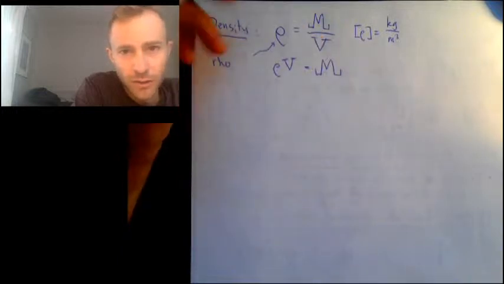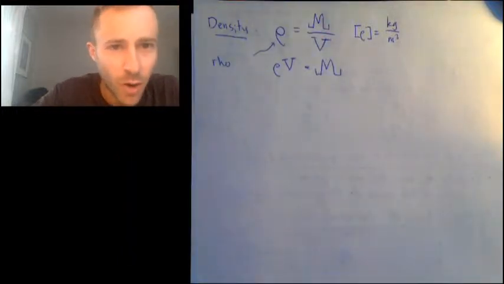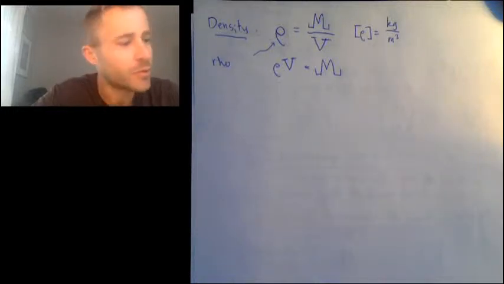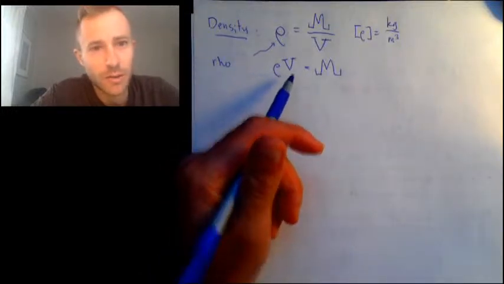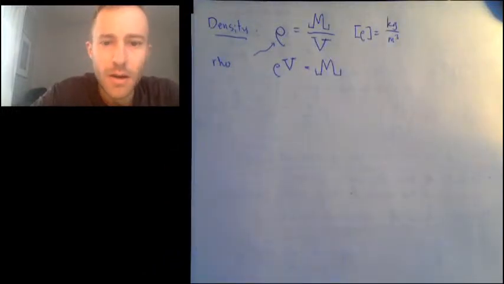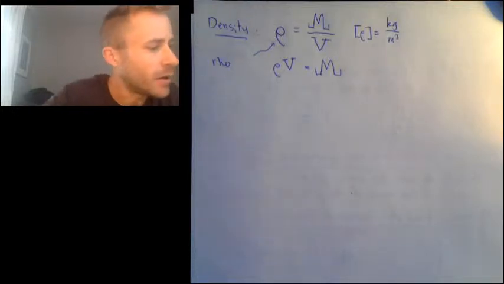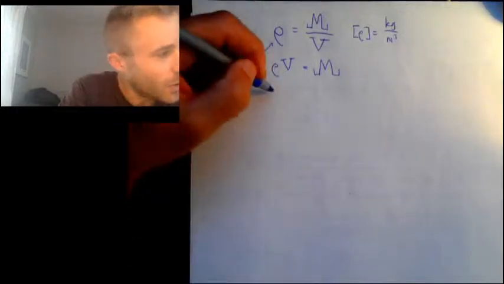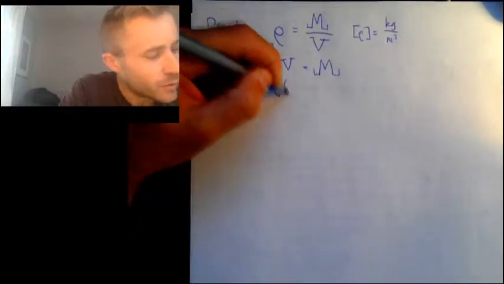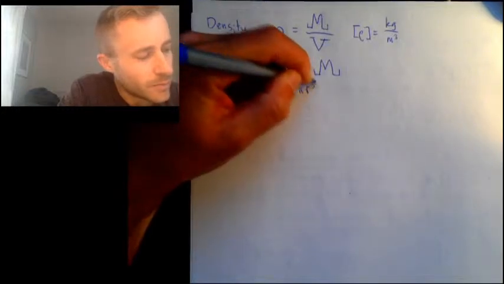So this is one of the ways you could find the mass of a planet. You say, okay, the planet is made out of rock. Rock has a density of blah, blah, blah. So we can take the density of rock and multiply it by the volume of the planet to get the planet's mass. Okay. Planets are spheres, so the volume is the volume of a sphere, which is 4/3 pi r cubed.